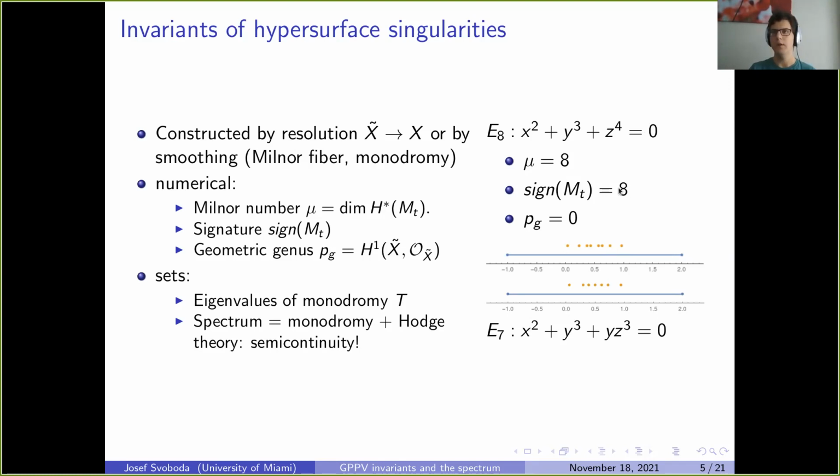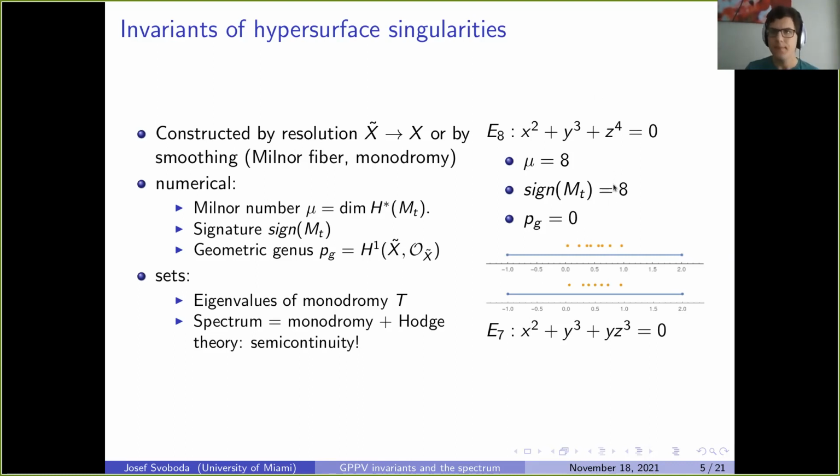This is why we call this singularity E8, because the simplest singularities are labeled by ADE Dynkin diagrams, which also correspond to these lattices. And the geometric genus is 0 in this case. So if you take the resolution, the first cohomology, you will get 0.